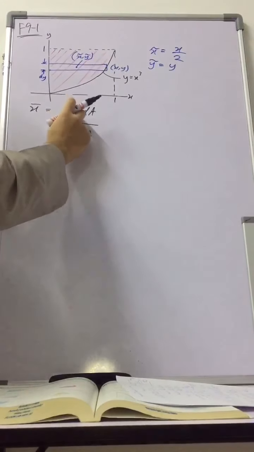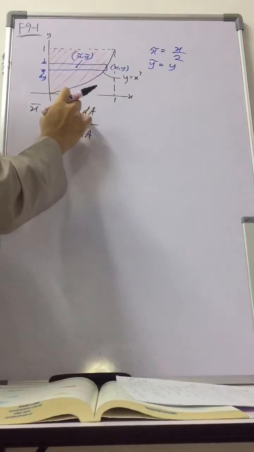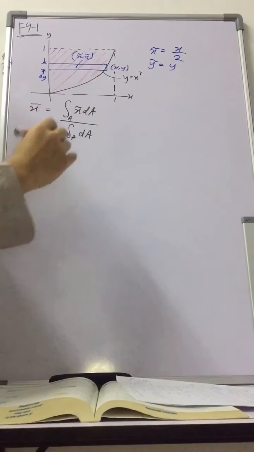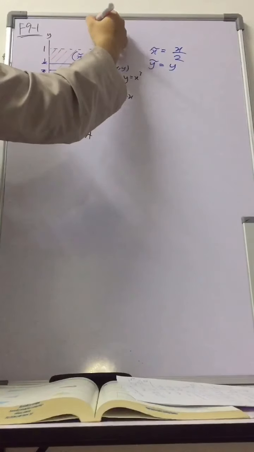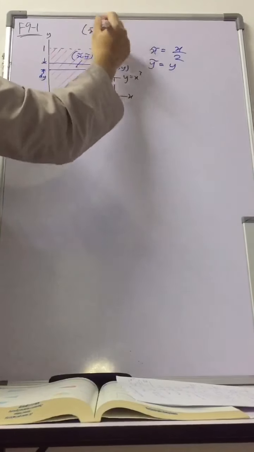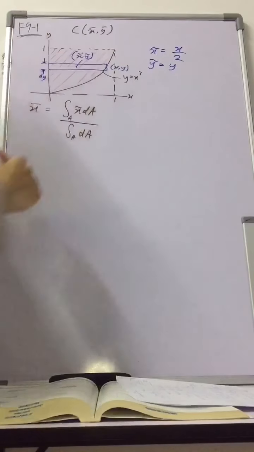That's why we need this, and y bar will be like that, with y tilde dA and the rest. Again, the question asks to find the coordinates x bar, y bar of the centroid of this area.